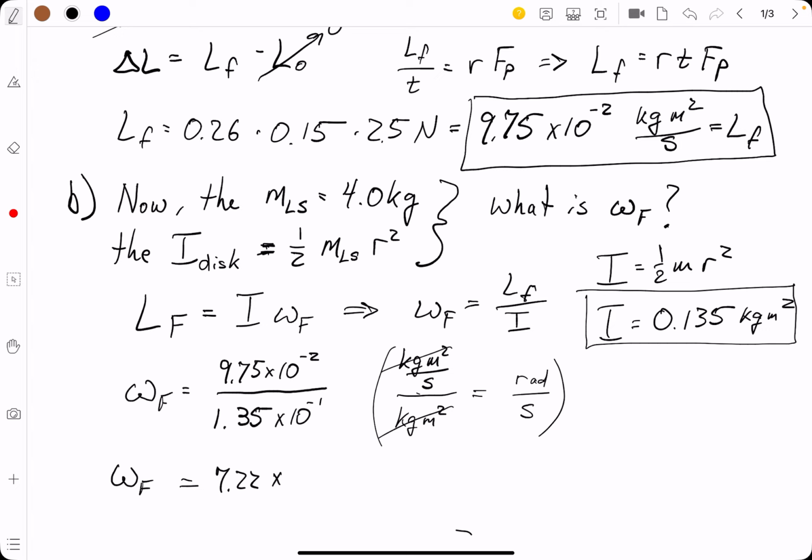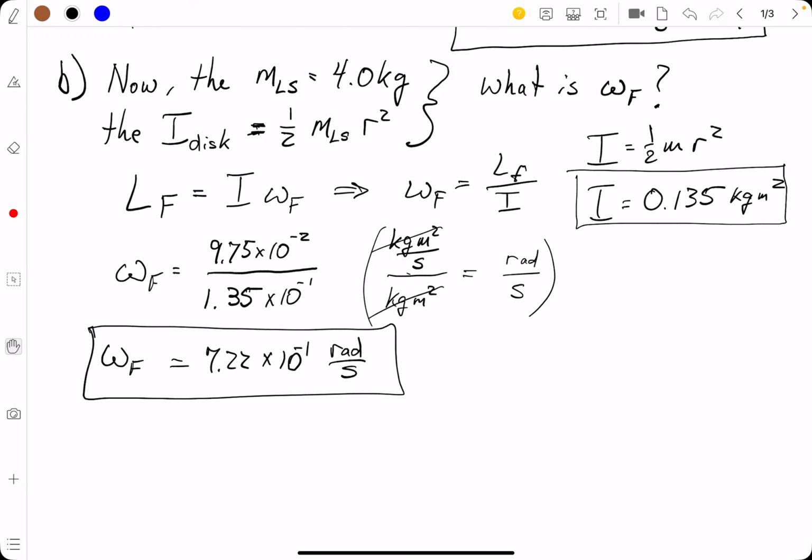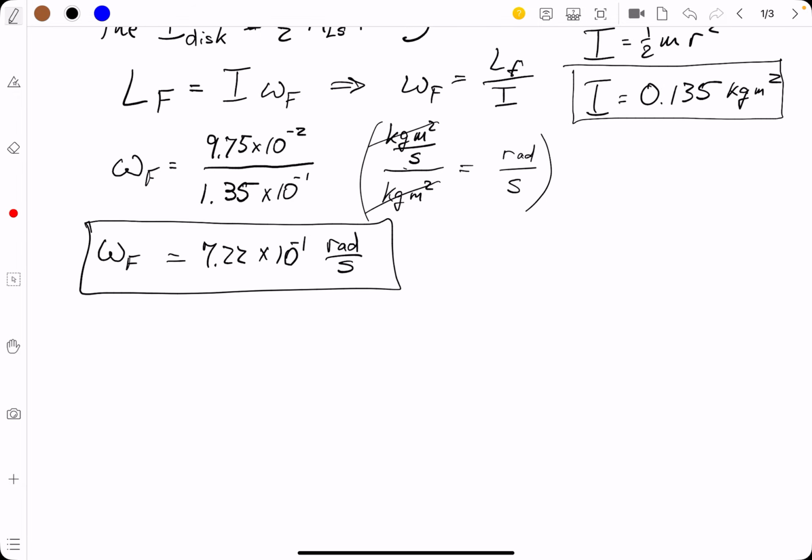So I've got minus 2 plus 1 leaves me with minus 1. So 10 to the minus 1 radian per second. Hope you followed that. That is how you do it. So that's our answer for B. Good. Nice work. Congratulations, everyone. Now, conservation of angular momentum.